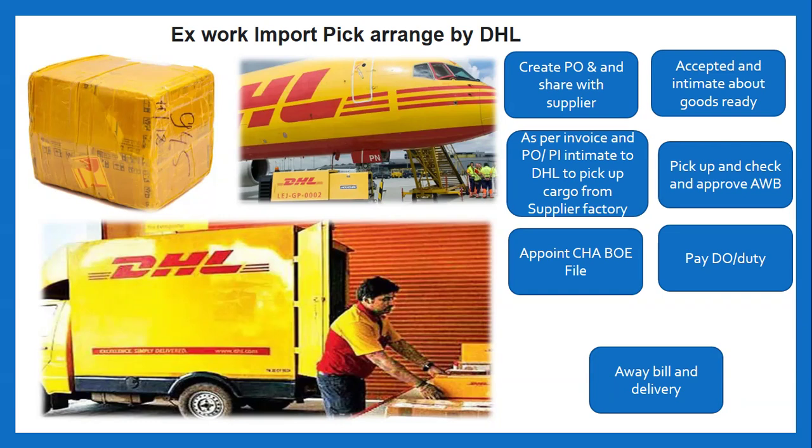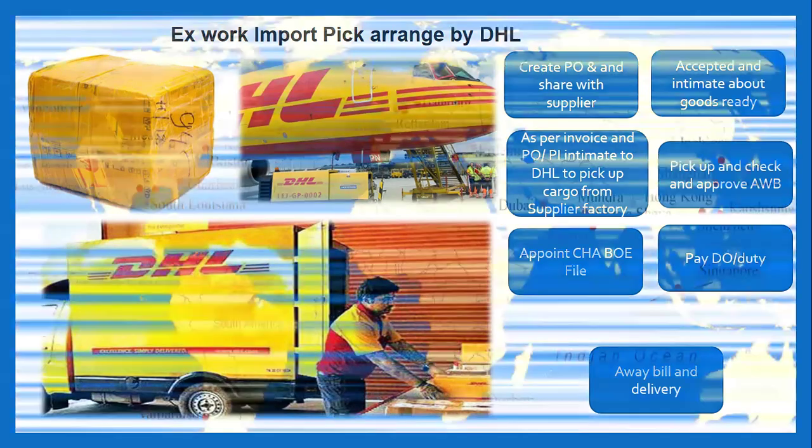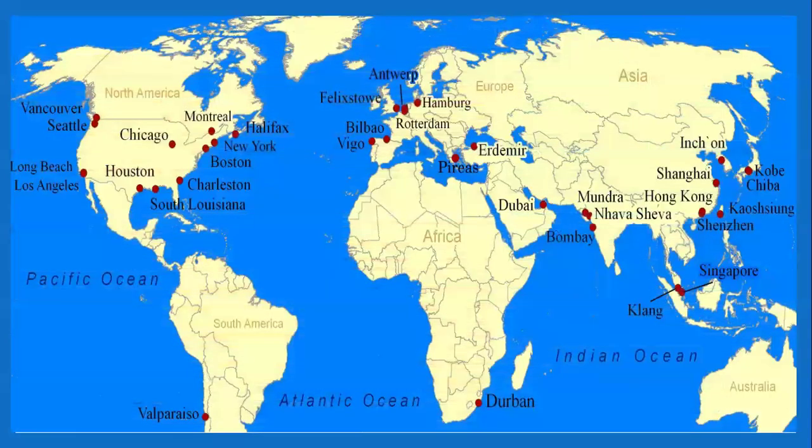After that, our CHA will appoint the transporter who will pick up this cargo from the airport to our factory where these goods need to be imported. So in this way, we can import goods from overseas to India.